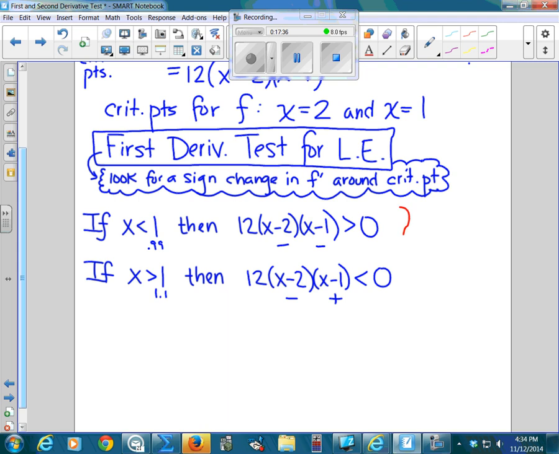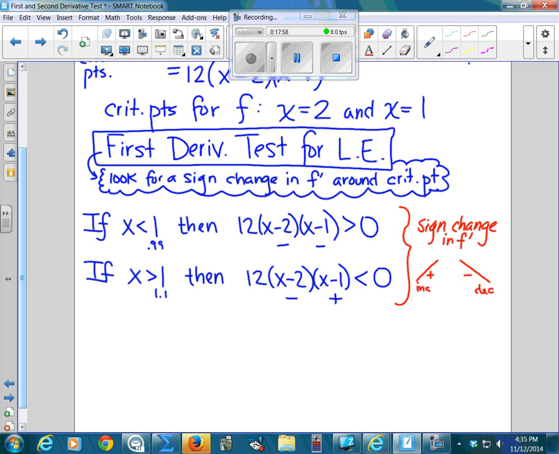Well, we see a sign change, so we can make a conclusion right now. We see a sign change in f prime. It goes from positive to negative, which means f goes from increasing to decreasing.